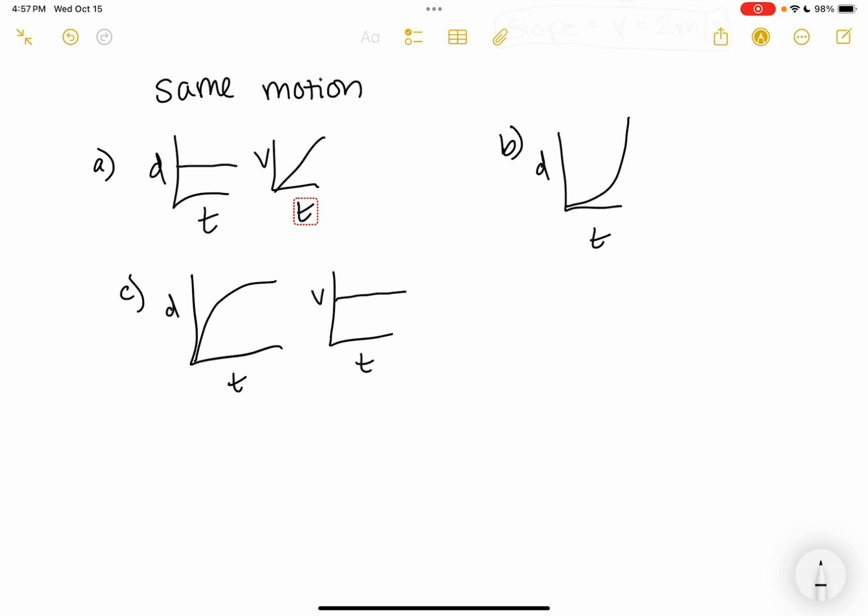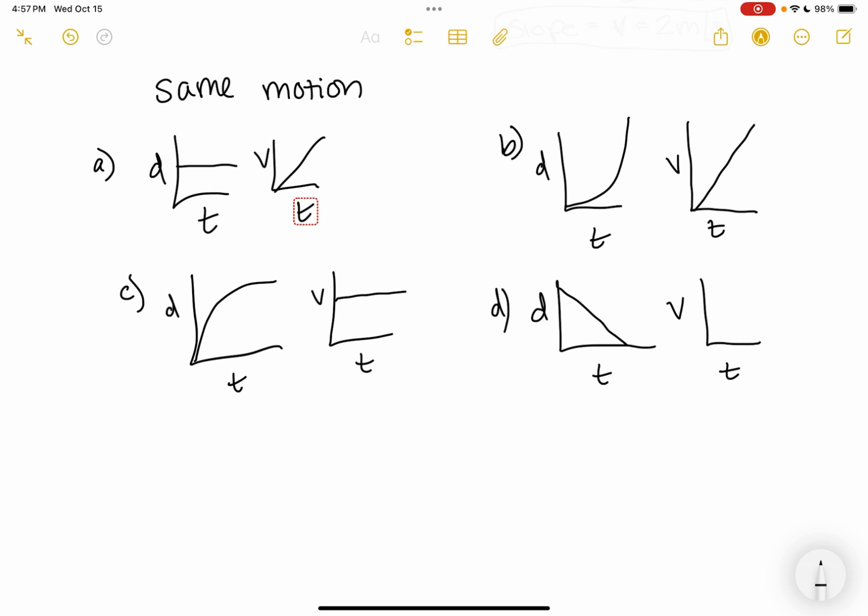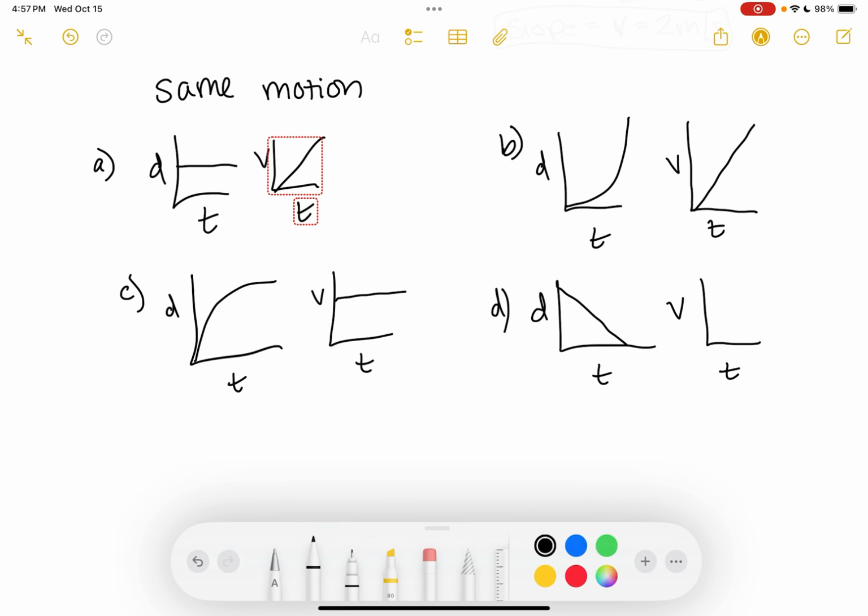I got this. And then finally choice D. Okay, so let's actually talk about what's happening for each graph.